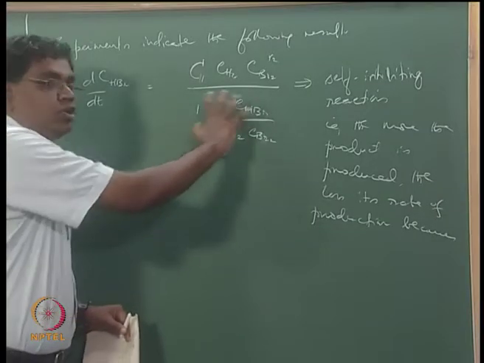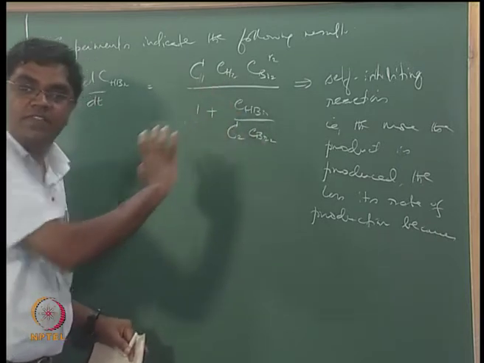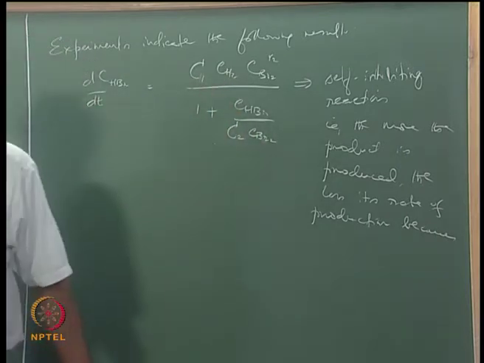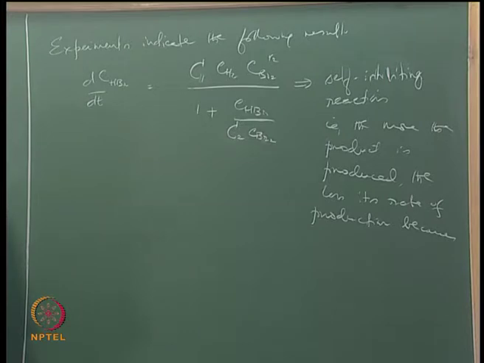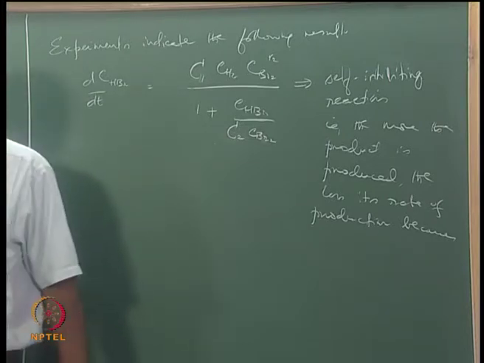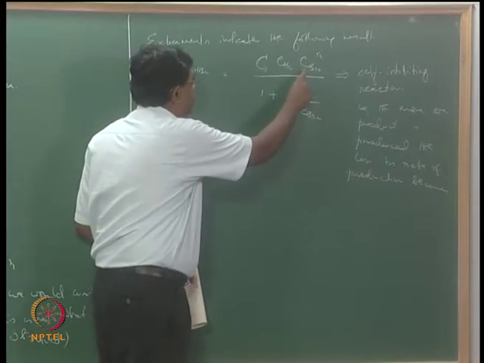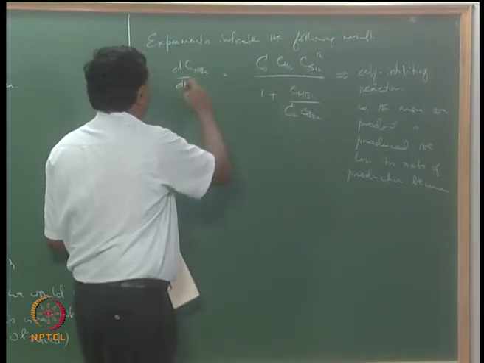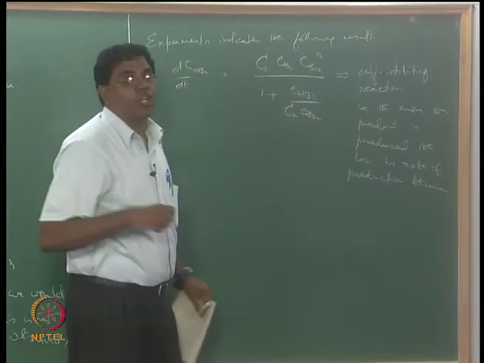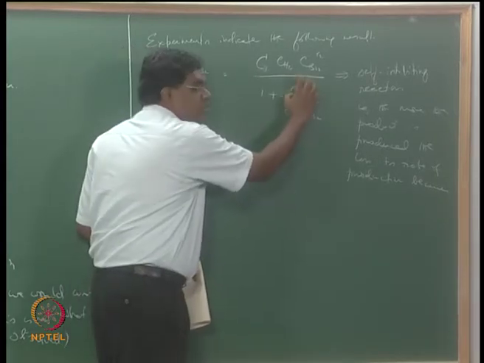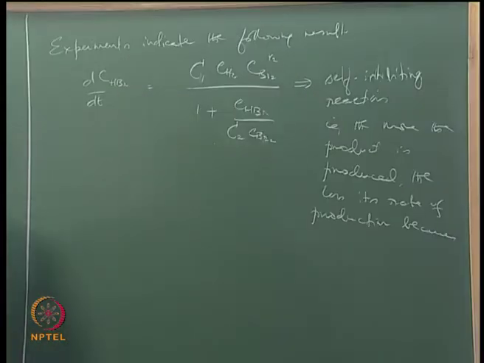If it is comparable to 1, you have to keep this as it is, and we can't resolve exactly between half and 3 halves; it is somewhere in between, for the concentration of bromine influencing the rate. And on top of it we have to explain the presence of HBr. So how would you do this?